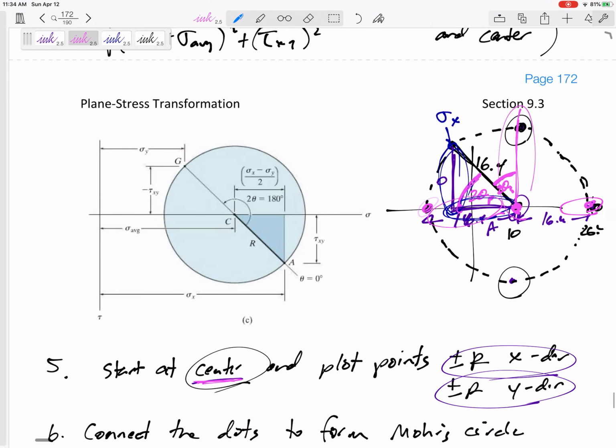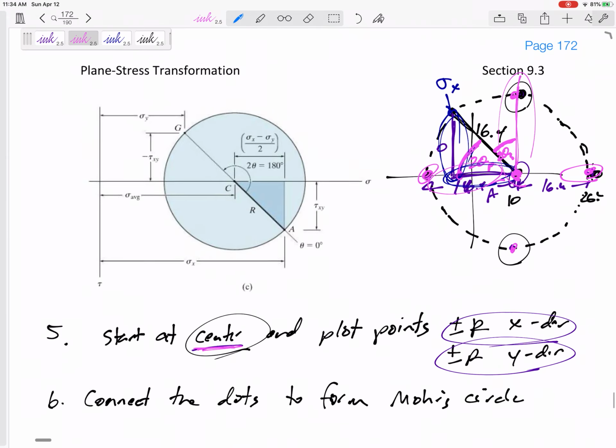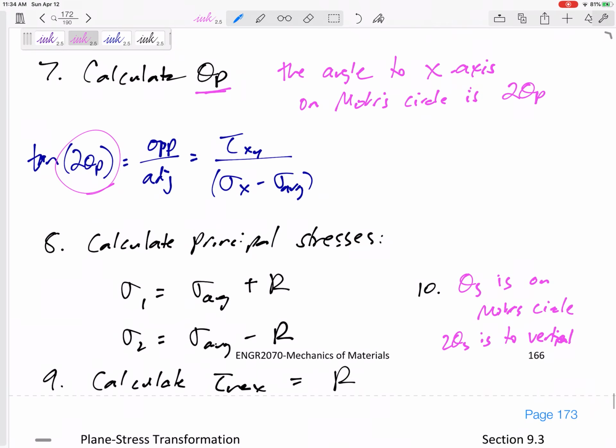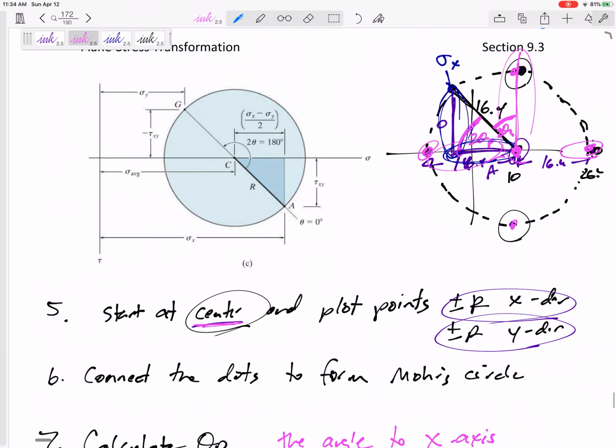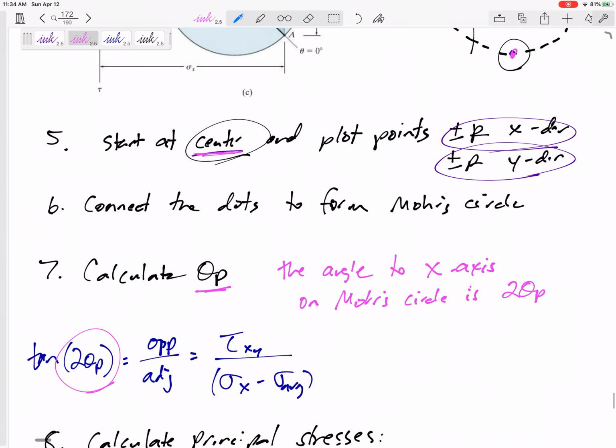Tau max is at the very top and very bottom, the maximum the y value will ever be. And theta S is also on Mohr Circle. It's the angle that your starting line is from vertical.